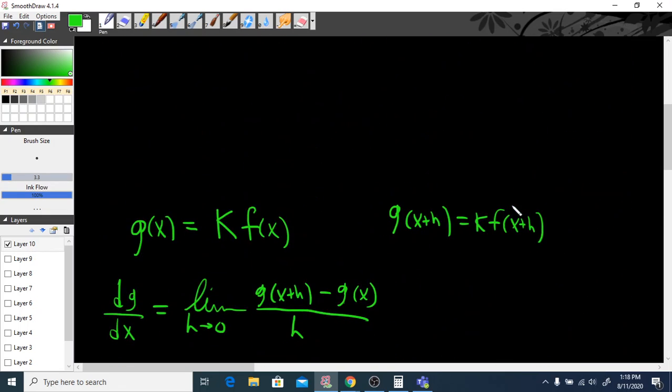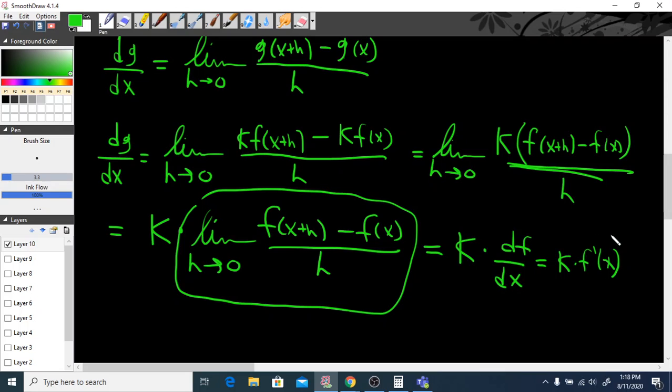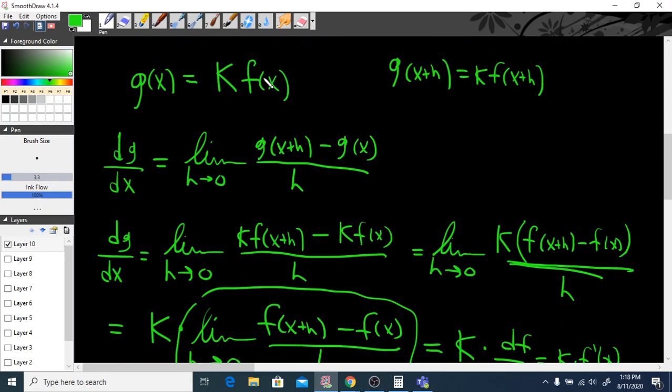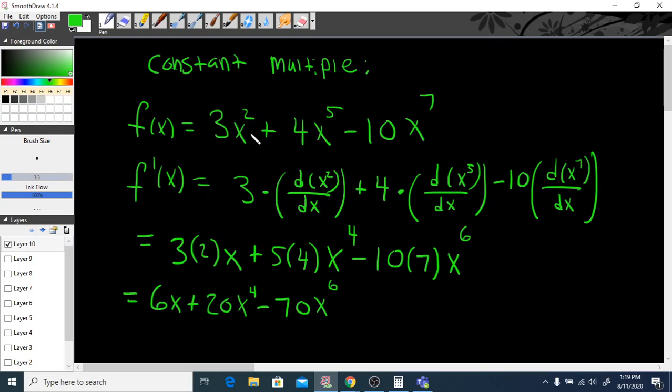So in other words, all we got to do, if we have a constant multiplying a function, we just take the derivative of the function part and then multiply by the constant at the end, which is exactly what we did here. The function part is x squared, derivative of x squared is 2x, and 2x times 3 is 6x.